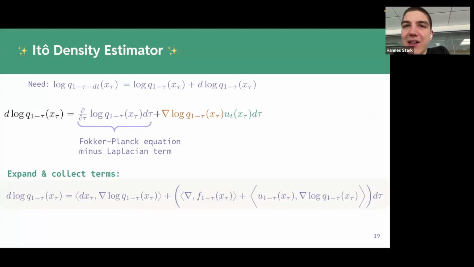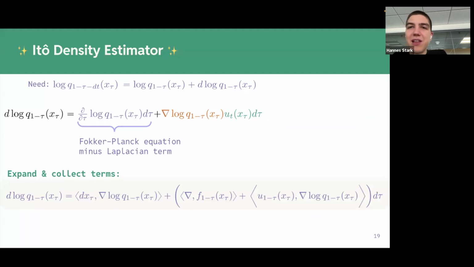Yeah. Okay. So you're saying we want to track the change of density such that we have the density at a certain point along our path. And now you're splitting this up, maybe call this the log derivative trick at the top.